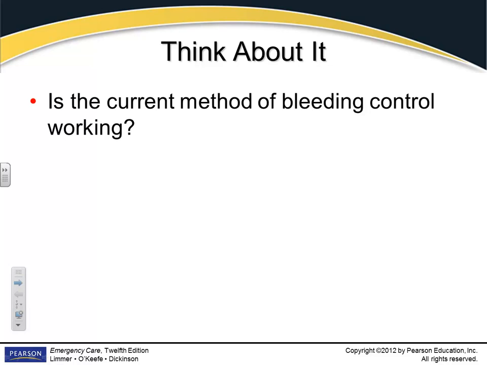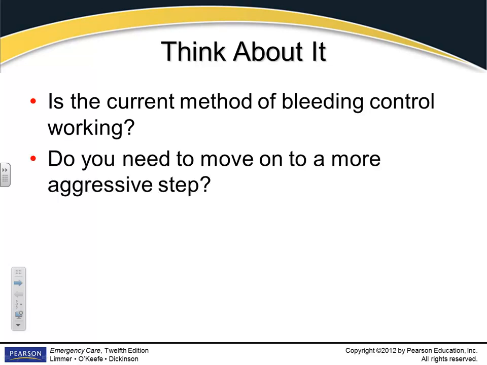No. If they lose 3 or 4 pints, they may go into irreversible shock. If they've got a lot of other things going on, more than just that bleeding, you're going to have to make that decision about when you need to move on to a more aggressive step. That's your question.